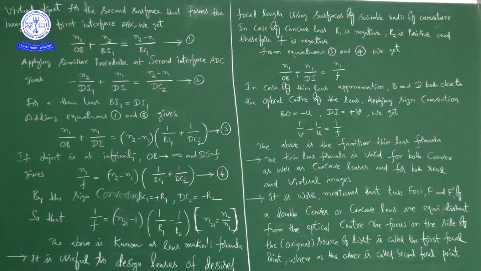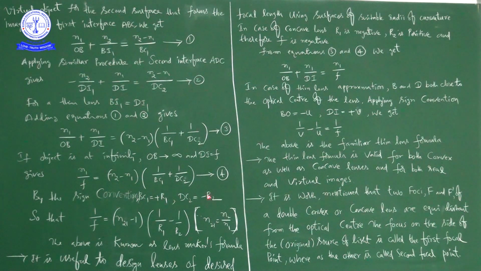So when the object is at infinity, DI is equal to f. We substitute these two things in equation 3. Then finally we get the fourth equation: n1 by small f is equal to (n2 minus n1) into (1 by BC1 plus 1 by DC2). It is like equation 4, right?